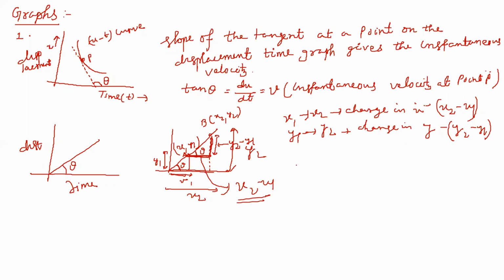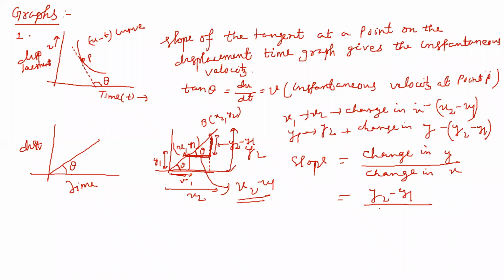Slope means change in y by change in x, that is, y2 minus y1 by x2 minus x1.